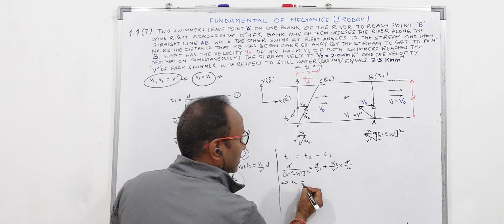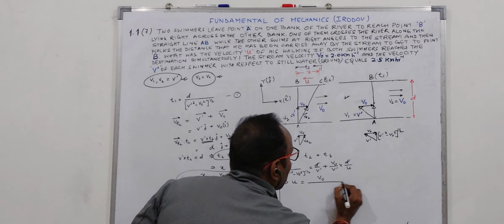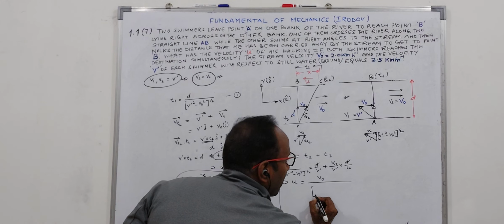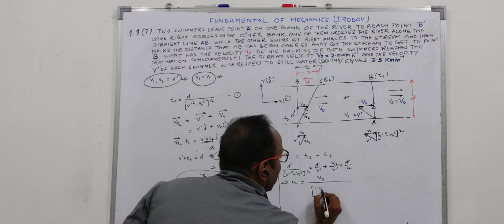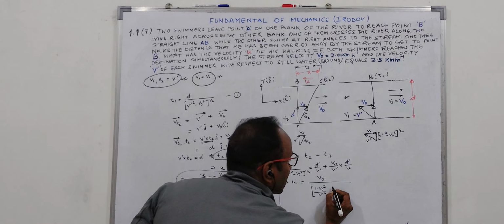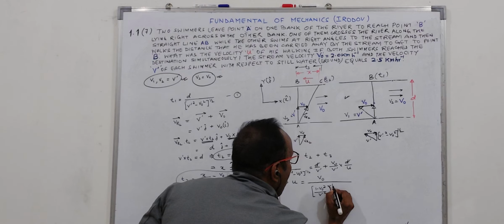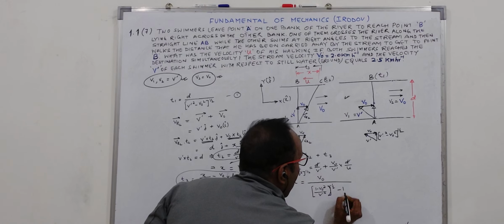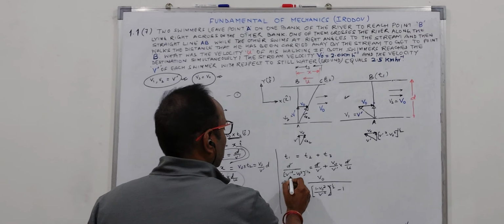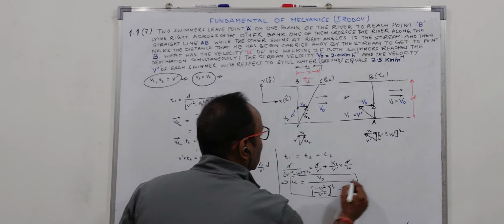That will come as v naught by the square root of 1 minus v naught square by v dash square. You should calculate this by yourself. This will be the answer.